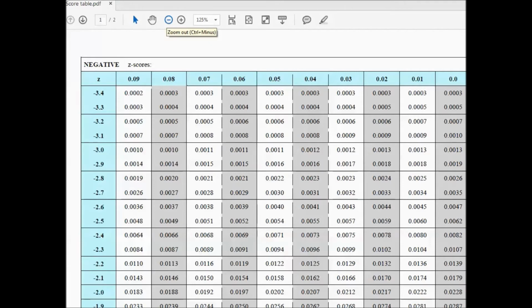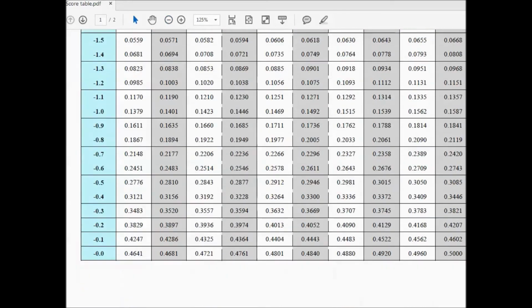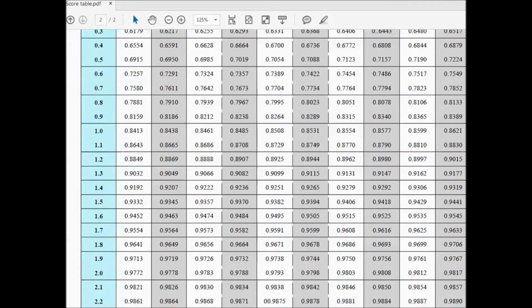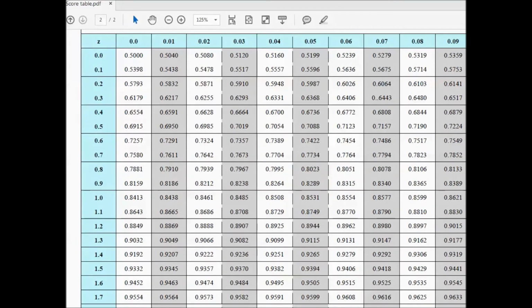This table tells you what percentage of the data is below a given z-score. One side of the table has negative values, the other side has positive values, and that refers to the z-score. So since our z-score is 1.75, we're going to go to the positive side and go to the row that says 1.7, which is here, and then we're going to go over to the column for 0.05.